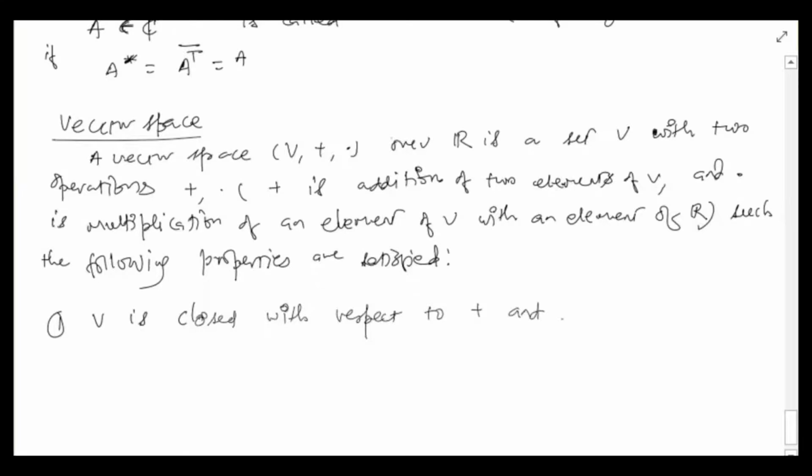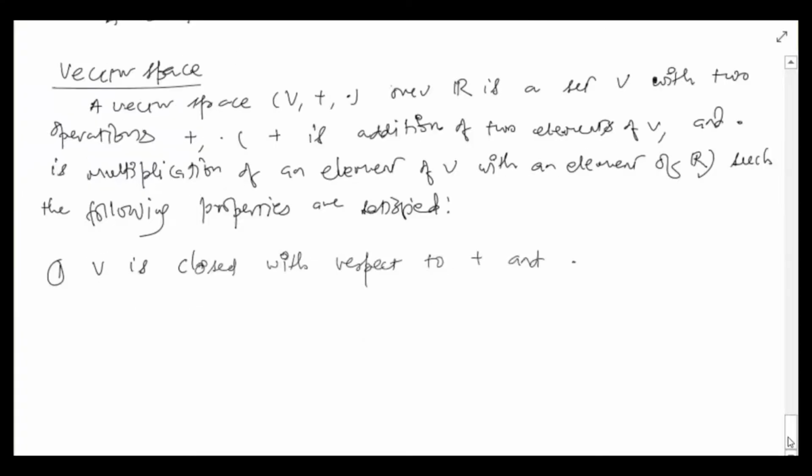What does this mean? This means that if I take two elements from the set V and I perform addition, I get another element of V. Similarly, if I take an element of V and an element of R and multiply the two, I'll again get an element of V. Okay. The second property is that there exists an additive identity 0 in V.